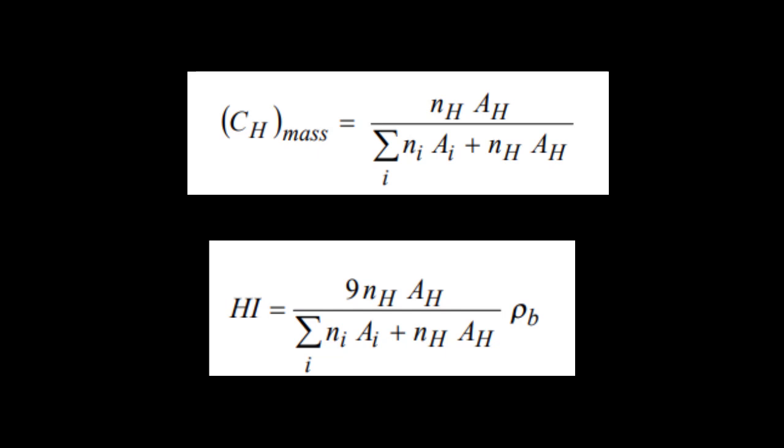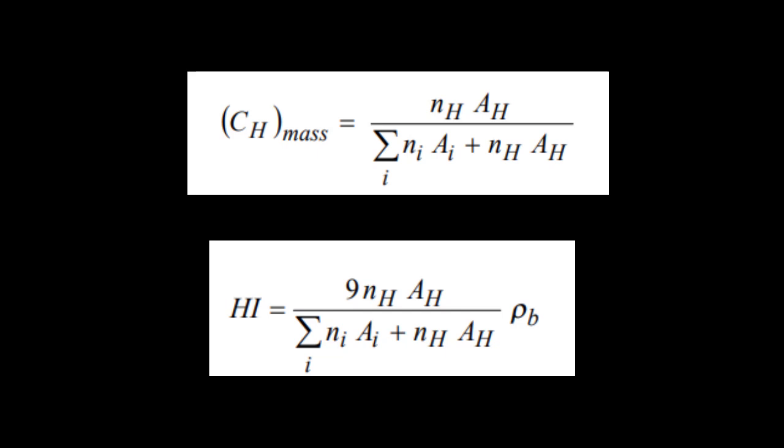So we need to find a way to have an idea of how much hydrogen we have in our zones, or in our material, or the information that we're analyzing. We can see this concentration of hydrogen in two ways: from a mass basis or from a volume basis.